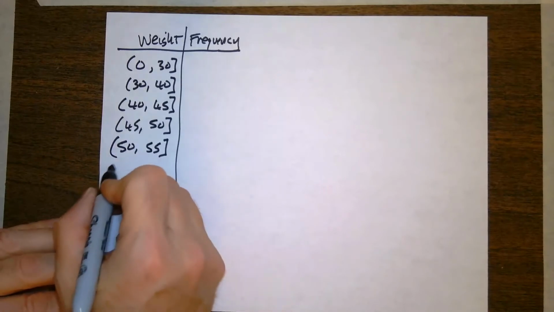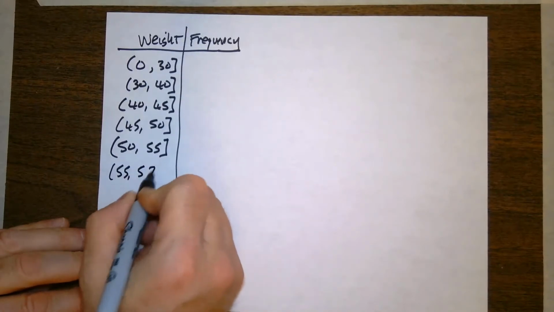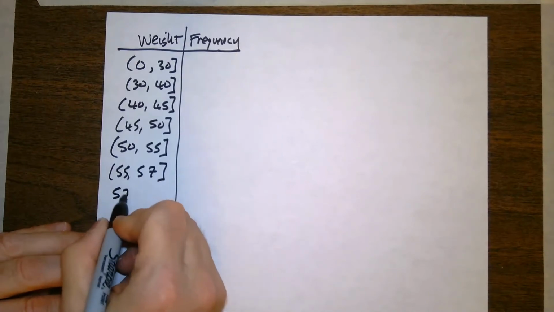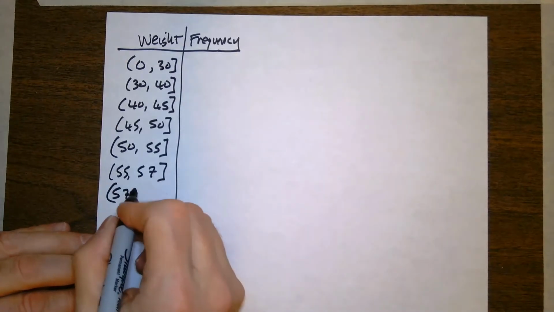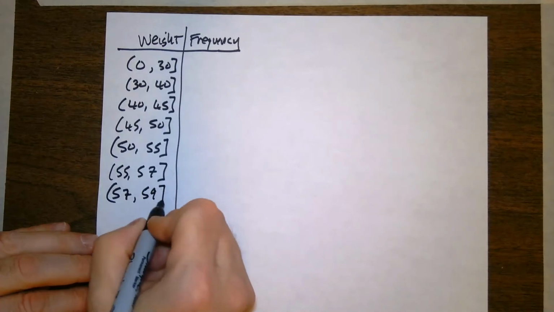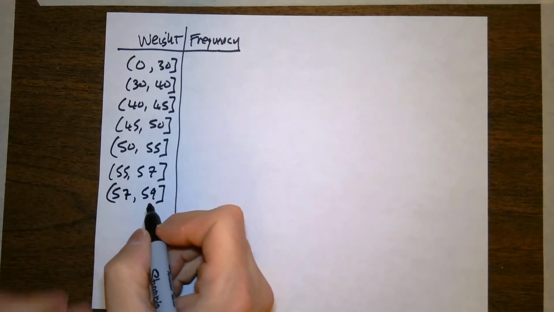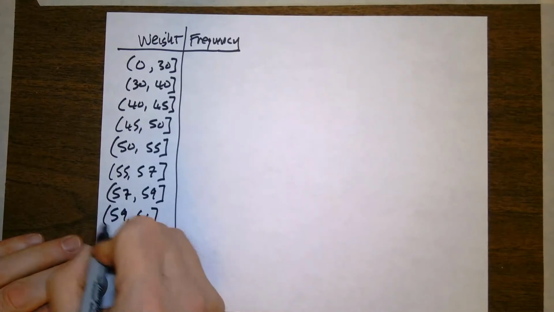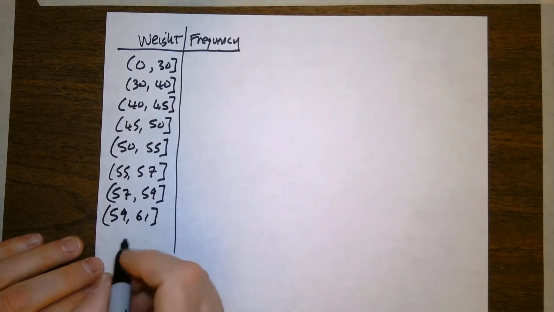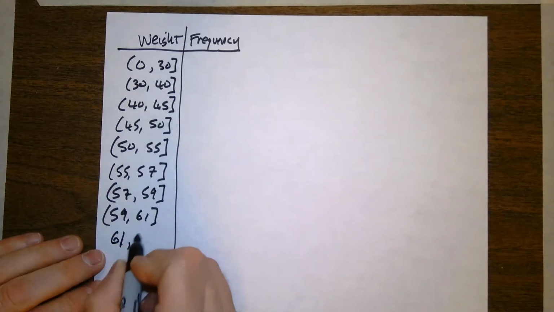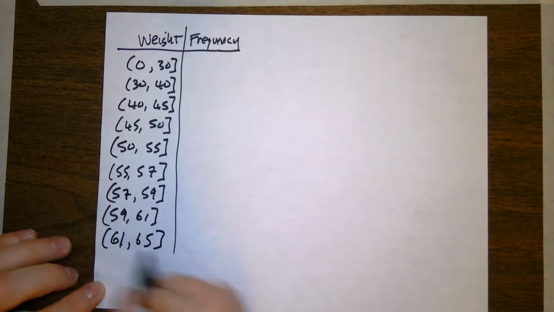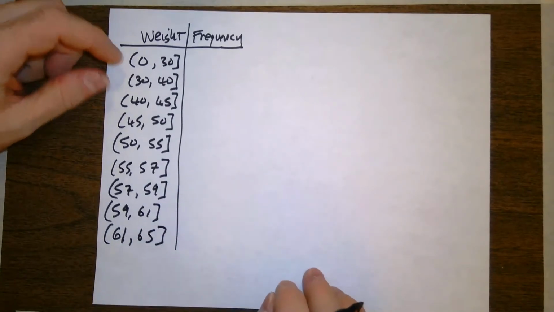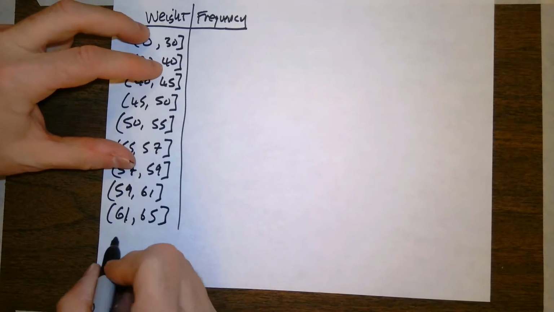So my next class, I'm going to go from 55 to 57. And then from 57 to 59. And then from 59 to 61. Notice I'm switching up the classes again as it kind of stretches out here a little bit. 61 to 65. 65 to 70.